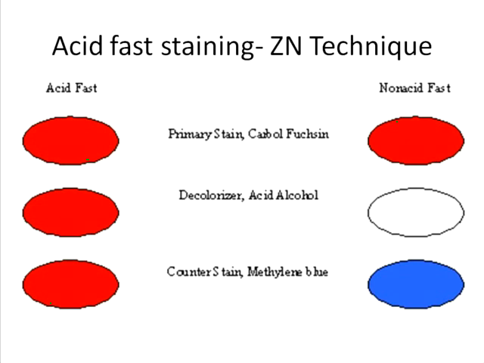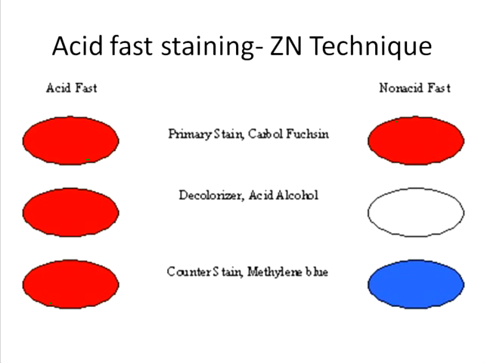Again the next step where you use a decolorizing agent. Here it's a strong solution of acid. Even after using acid, it doesn't get decolorized, retains the color and appears red.